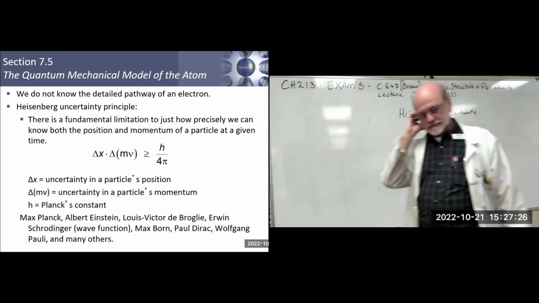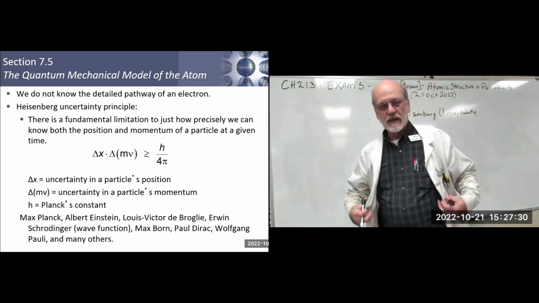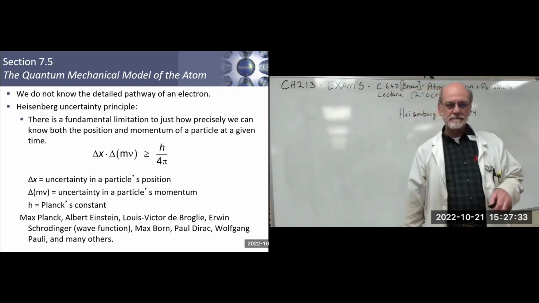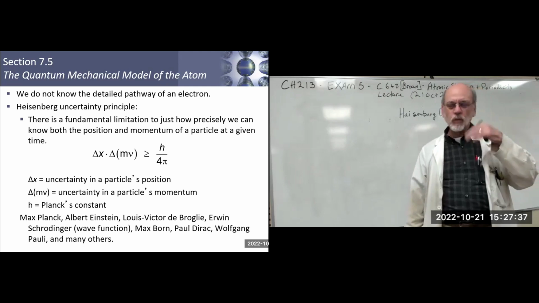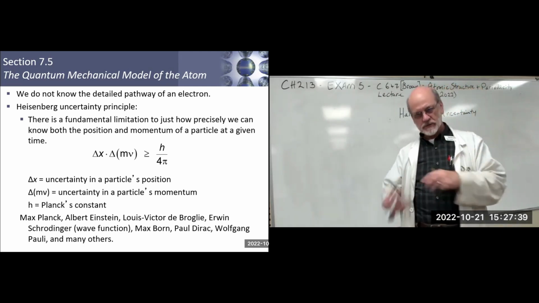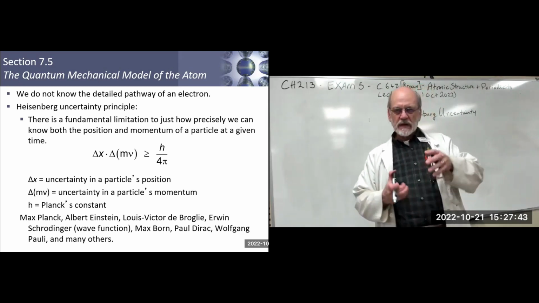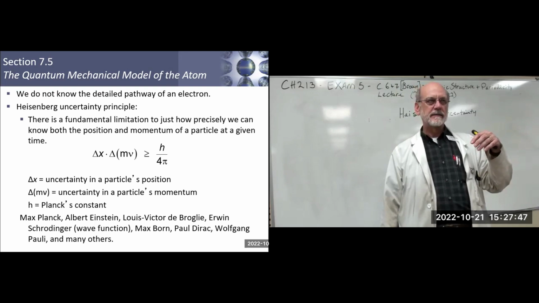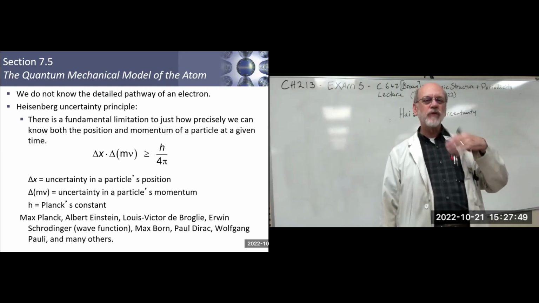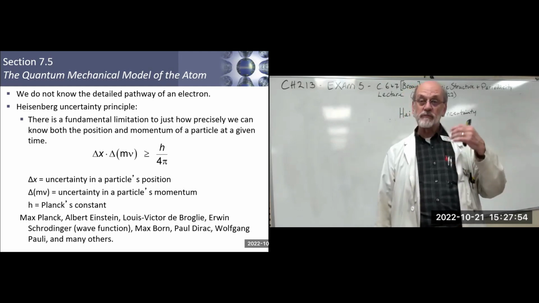Werner Heisenberg was another brilliant scientist, and in his work, which was rather broad, he came up with this idea that informed us about the weaknesses of Bohr's model.